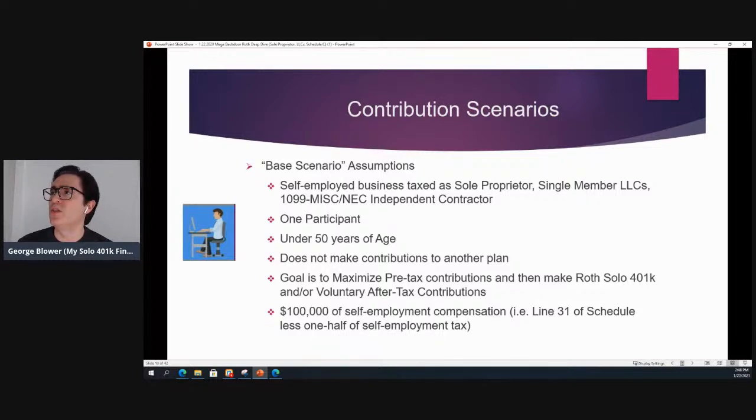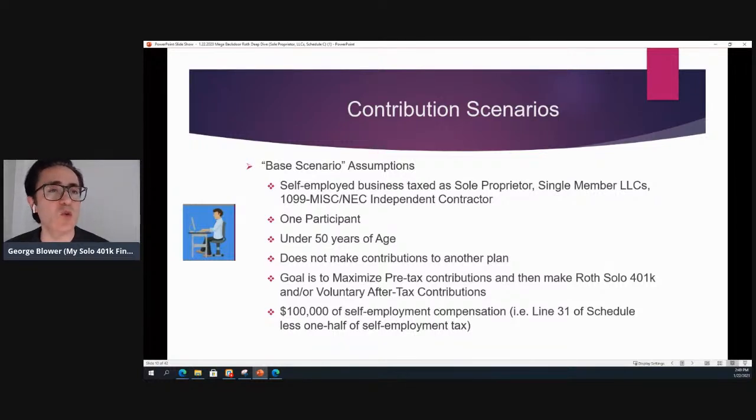Next question: sorry, my question above where I said 25%, actually I don't see the first question. But you're saying, my question above where I said 25% was in reference to your slide at the time where it said 20% is the max for employer contributions. So the rules are different.